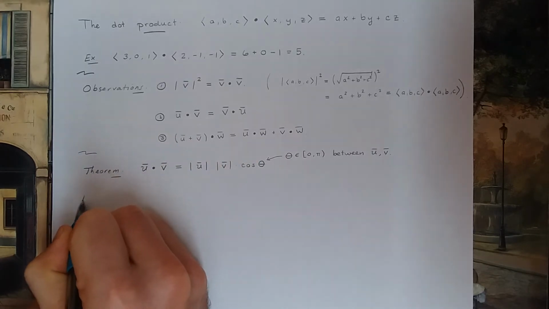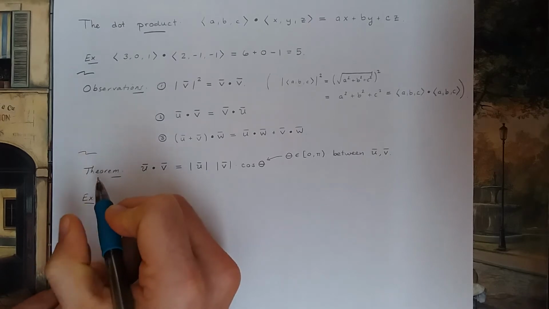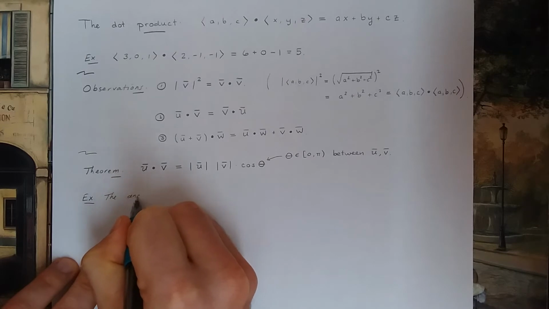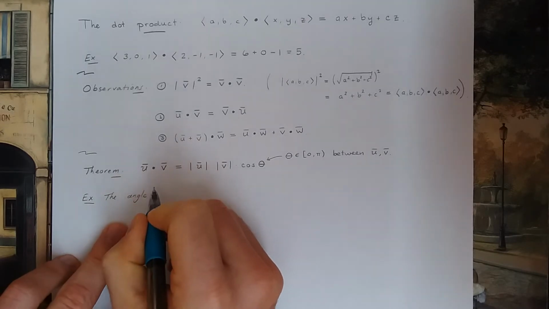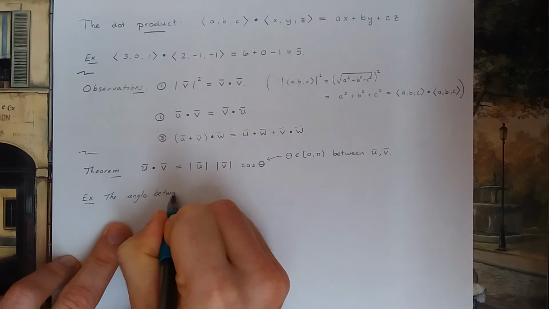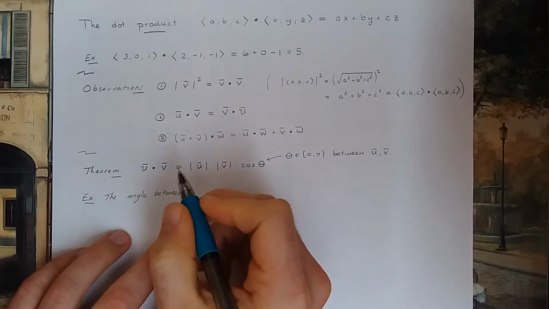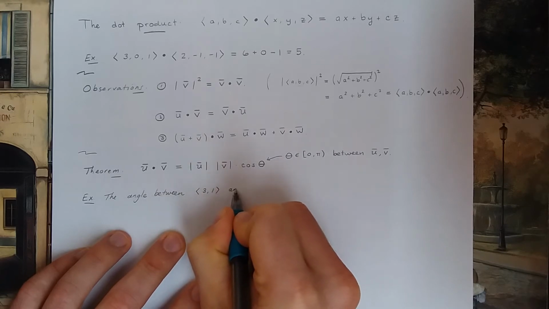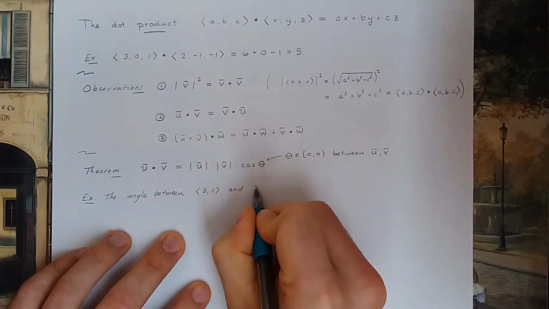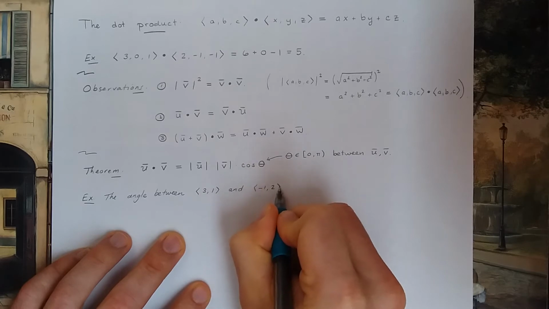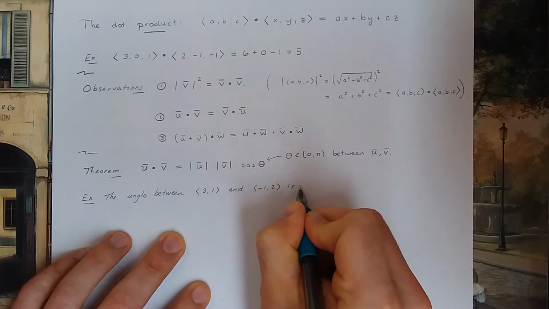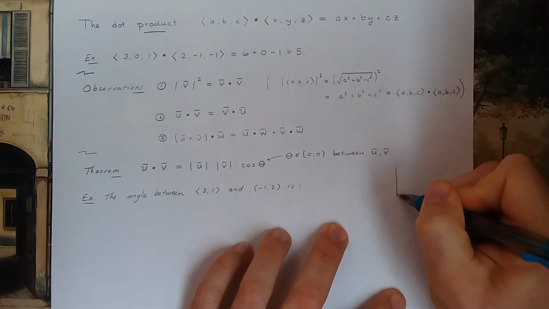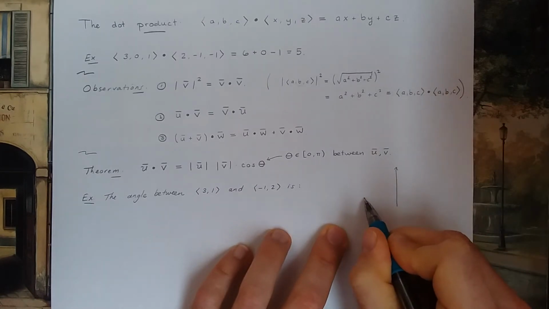So here's an example before we explain why it works. What is the angle between, how about let's do the vector 3, 1 and the vector -1, 2. Well, over here, let's draw a picture to see if we understand what's going on.